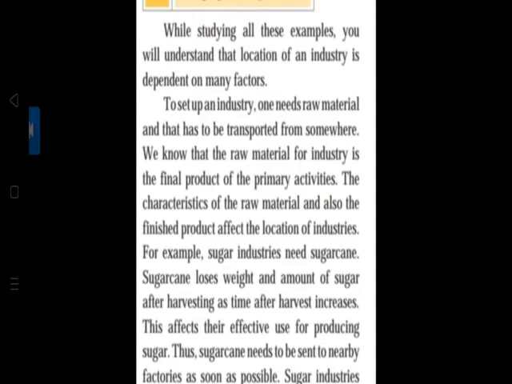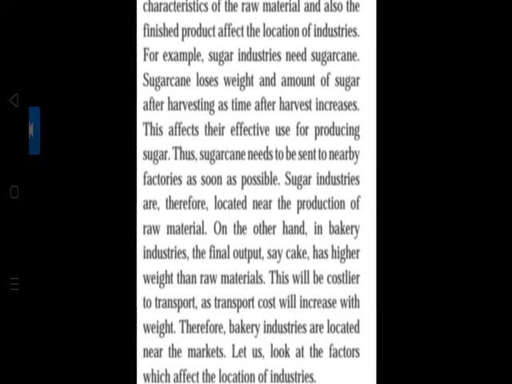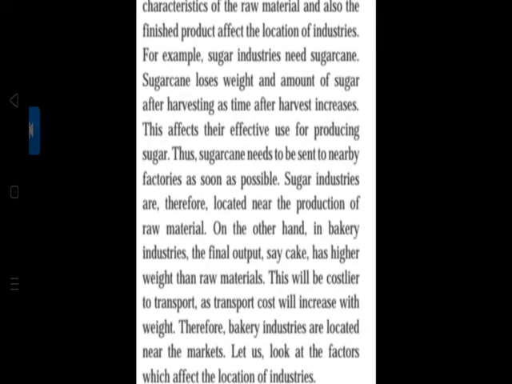So this affects their effective use for producing sugar. Thus, sugarcane needs to be sent to nearby factories as soon as possible. Sugar industries are therefore located near the production of raw material. The reason is what we just discussed.